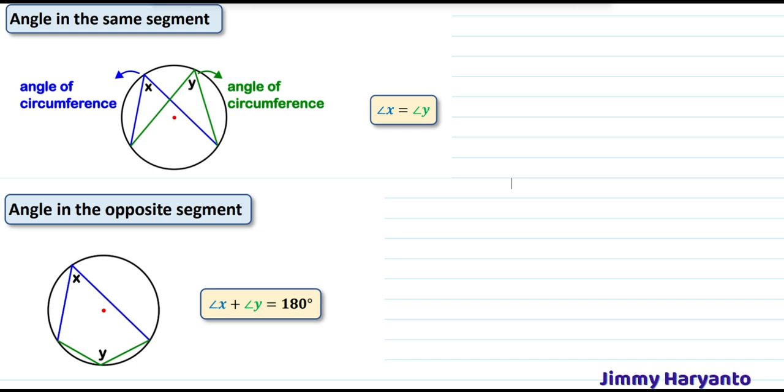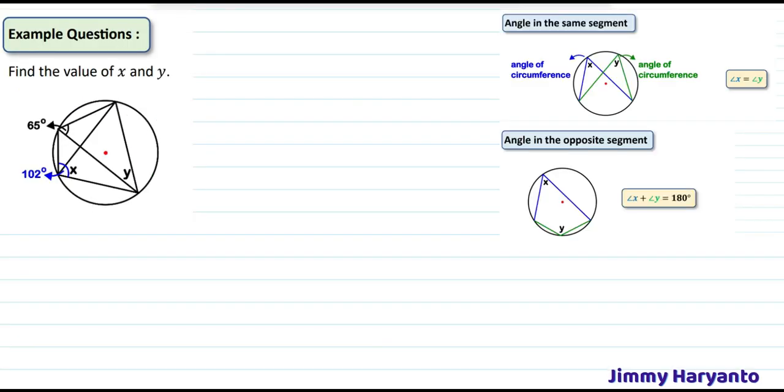The rule is the measurement of angle X added to the measurement of angle Y will become 180. You have to memorize these rules. To understand the rules, let's take a look at the example questions.